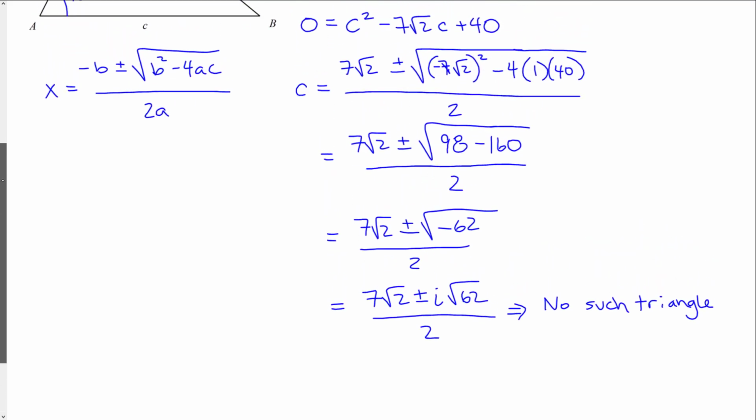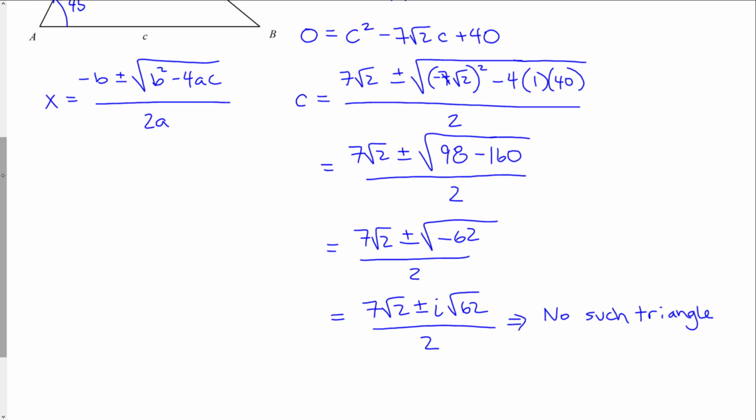Now, what's interesting is it comes down to a quadratic. And a quadratic can have 2 solutions, 1 solution, or no solutions, depending on the term that's called the discriminant, b squared minus 4ac. So if that term is greater than 0, it means there are 2 solutions to your quadratic.